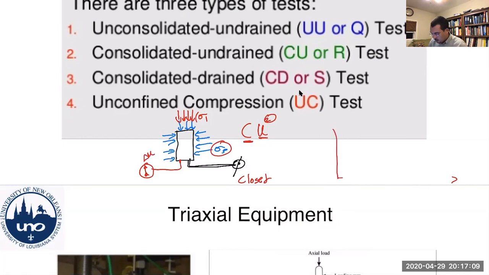And if we would take a look at the Mohr-Coulomb failure for this one, you would have a failure line that looks like this.